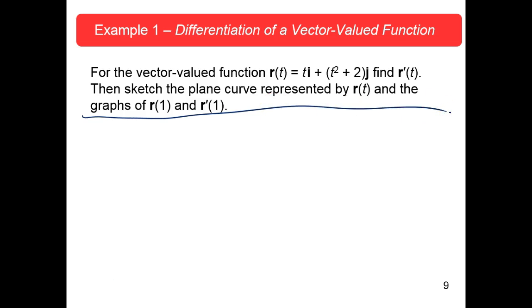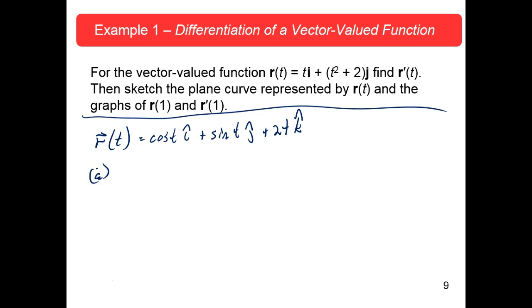For the vector-valued function r of t, the vector function r of t is equal to cosine t i plus sine t j plus 2t k. Find each of the following.